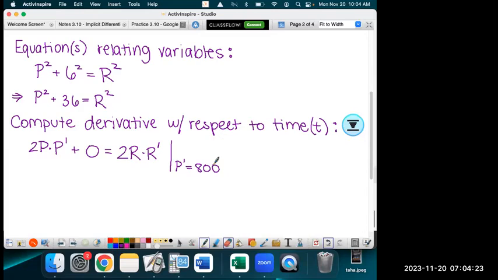We still need, and we're going to do a little side work, we can bubble this off if you want. We need to know p, and we need to know r half a minute later.